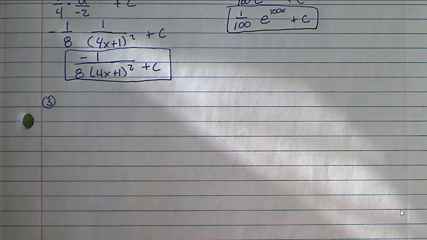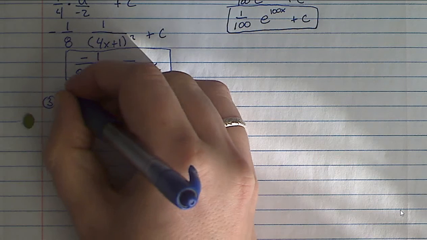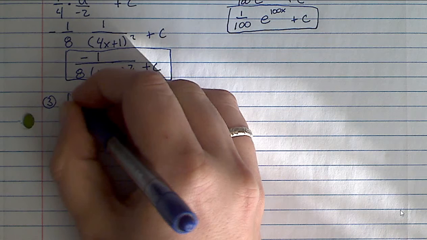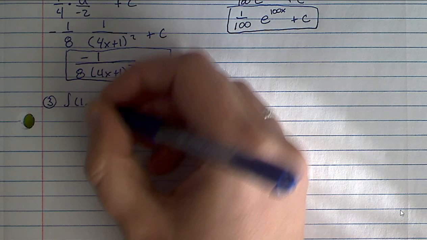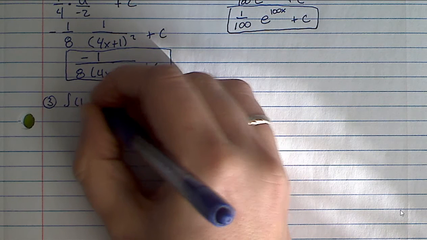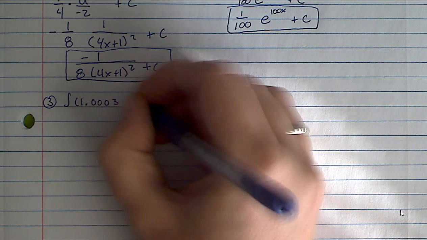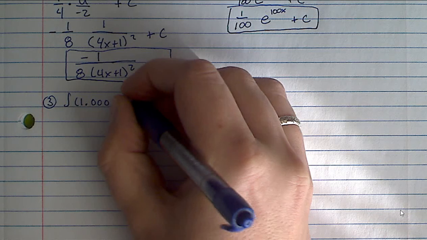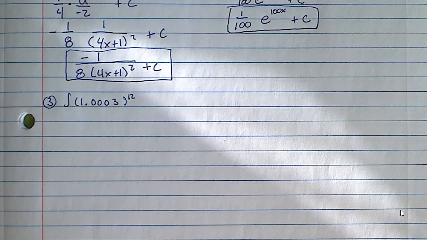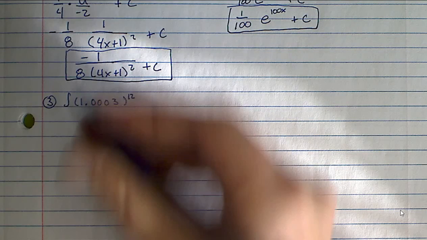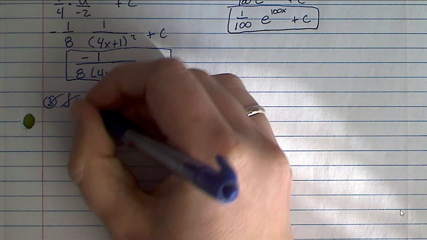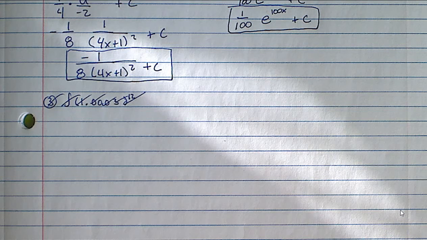Okay, so integral 1.0003 to the... Oh, I don't want this one to be on your assignment. You guys get to skip 3. We'll come back to it. I knew we didn't have to do all of them. Wait, hold on.